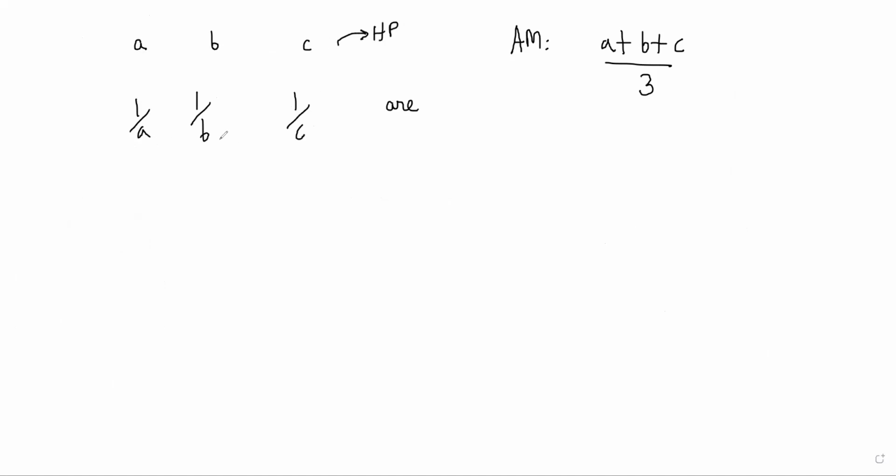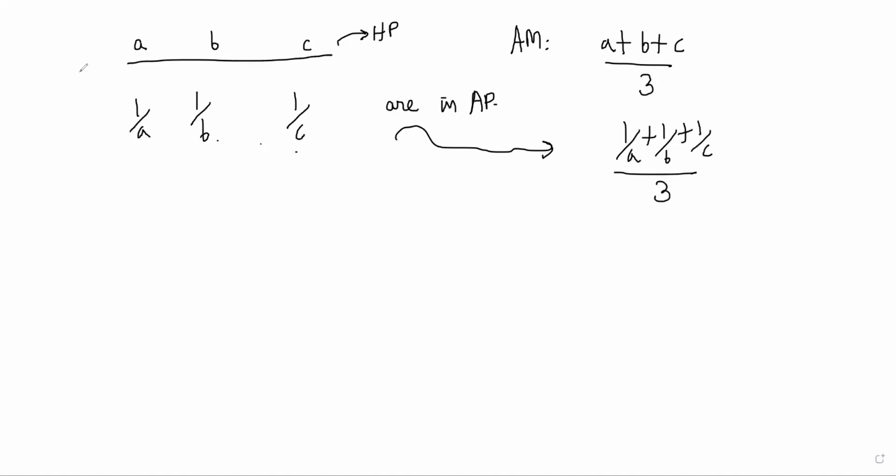So 1 by A, 1 by B, 1 by C are in AP, right? So their AM would be 1 by A plus 1 by B plus 1 by C by 3. And the harmonic mean of A, B, C would be 3 by 1 by A plus 1 by B plus 1 by C.